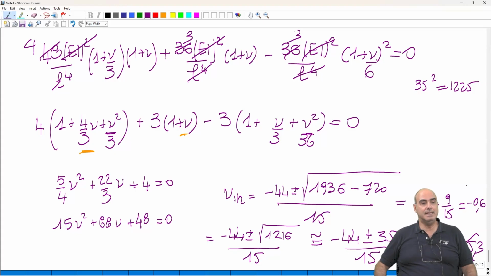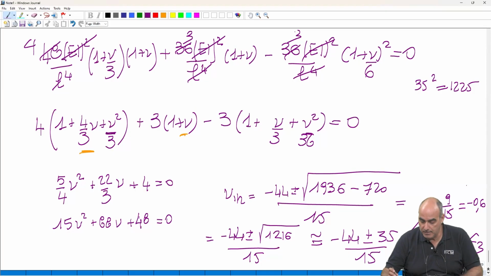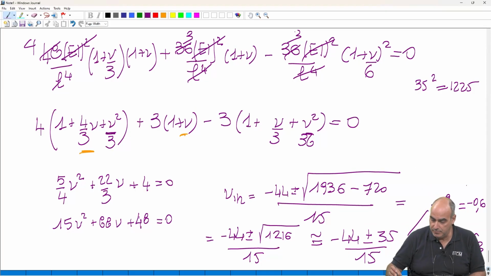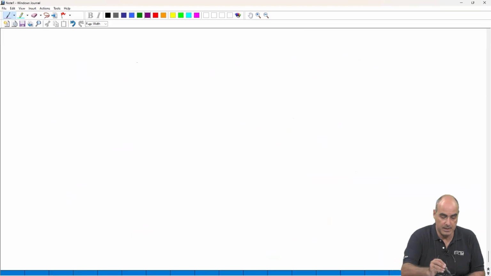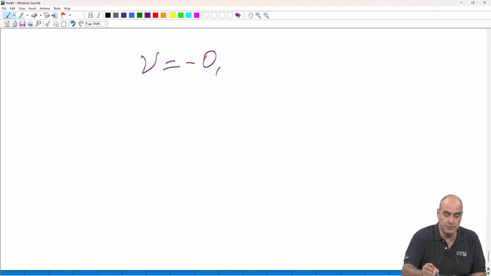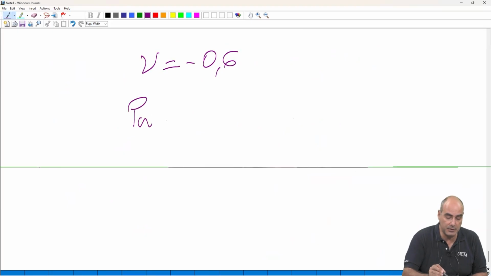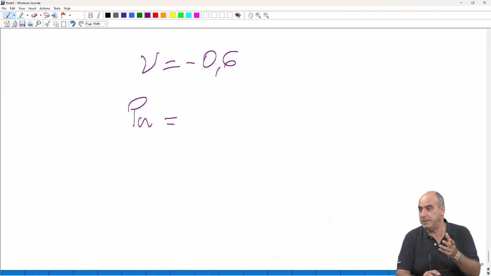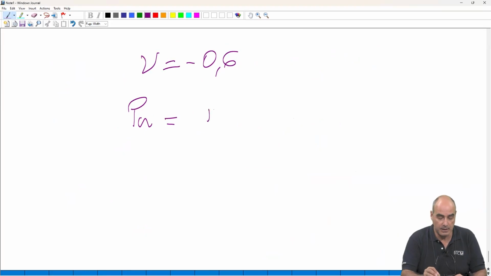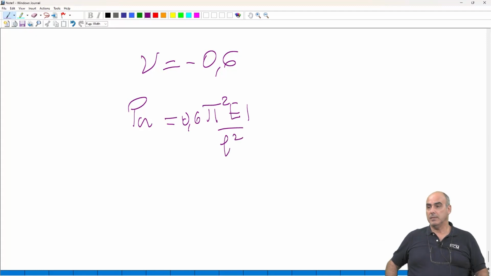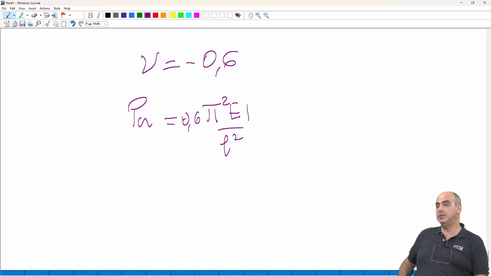I have found that ni, the critical load, is equal to minus 0.6. What does it mean? That means that the critical load is equal, well, minus is because it's compressive. If we put in absolute values it is 0.6 pi square EJ over L square.